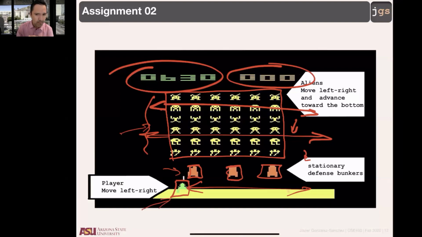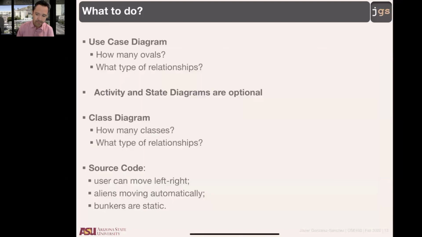Obviously the keyboard. What I want is: can you use what you know to create these diagrams, classes, and optionally the state and the activity diagrams? If you consider that you need one, maybe one of these could be good, and your source code.